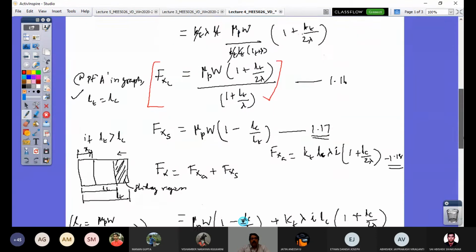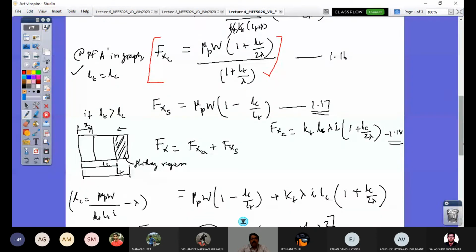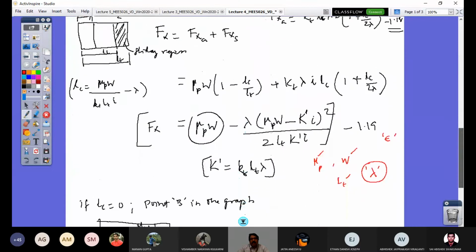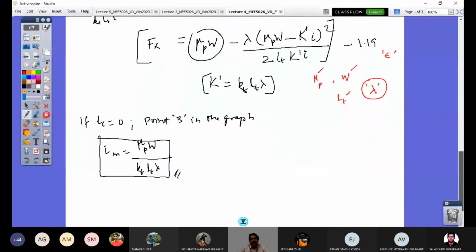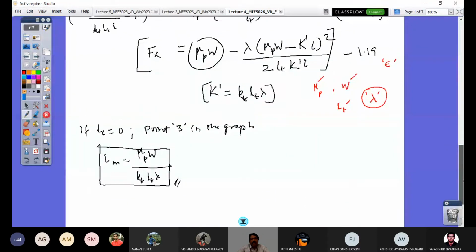The critical value of tractive effort, which represents point A in our graph, has now been replaced by the value μpw by 2. Similarly, for the characteristic length that we defined, lambda will disappear.